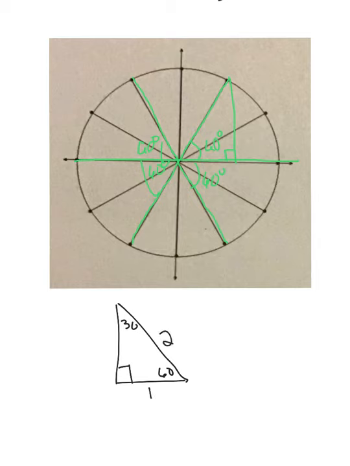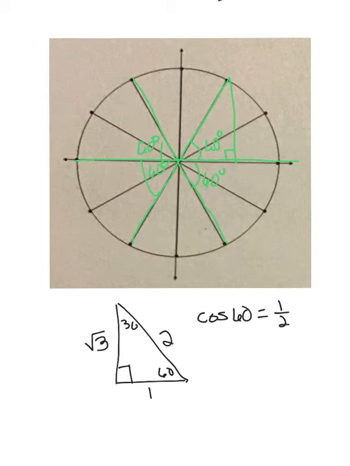1, 2, square root of 3 is always the relationship here. So the x-coordinate of your point will be the cosine of 60. So the cosine of 60, adjacent over hypotenuse, will be 1/2.